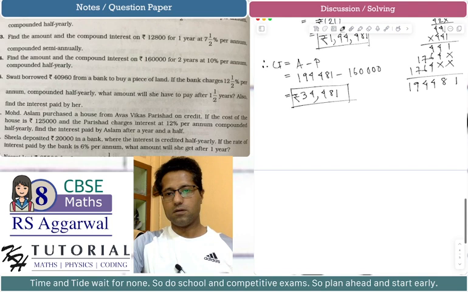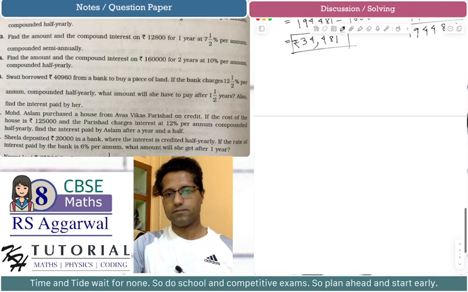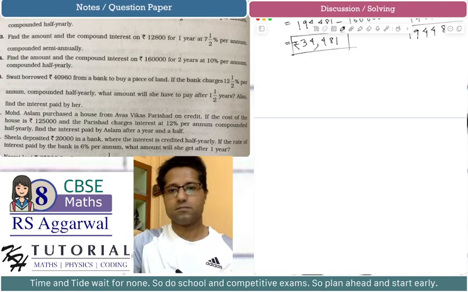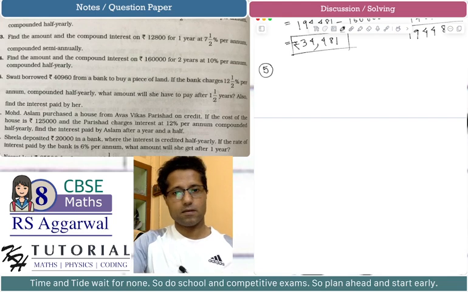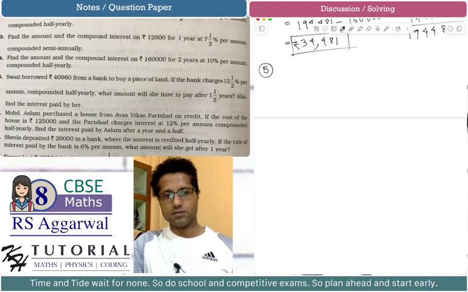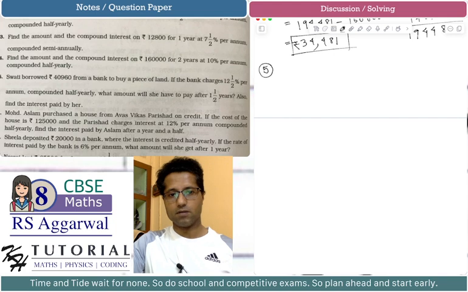Let's do problem number 5. Swati borrowed rupees 40,960 from a bank to buy a piece of land. If the bank charges 12.5% per annum compounded half yearly, what amount will she have to pay after 1.5 years?